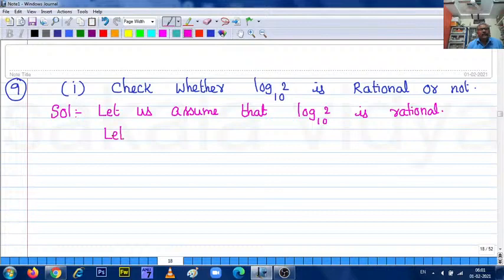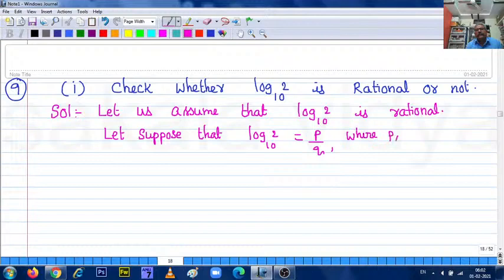Let us suppose that log 2 base 10 equals P by Q, where P, Q are co-primes, and Q does not equal 0.